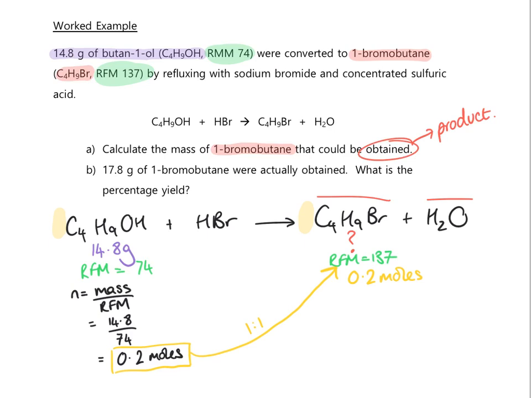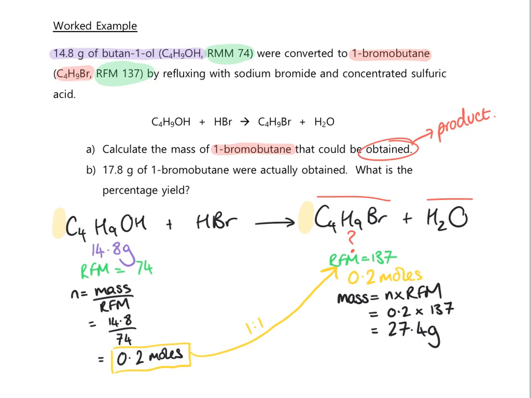So again, part A asks us to calculate the mass of 1-bromobutane. So I now need to use my equation. Mass equals n times Rfm. My number of moles is 0.2. My Rfm is 137. Again, put that into your calculator and you should get 27.4 grams.